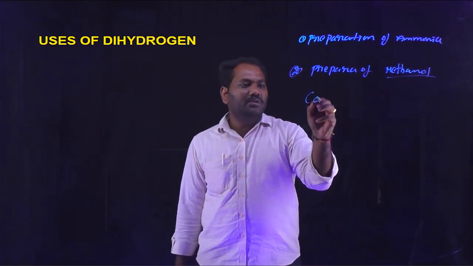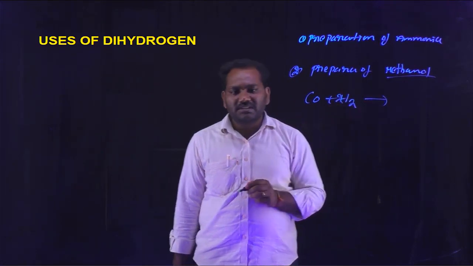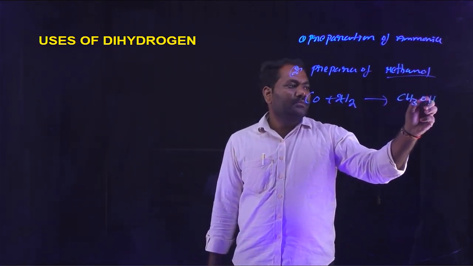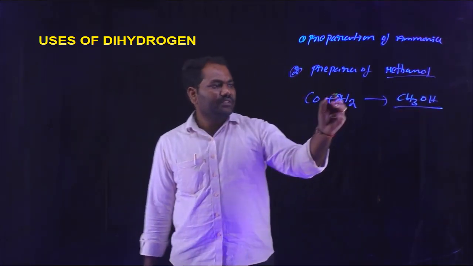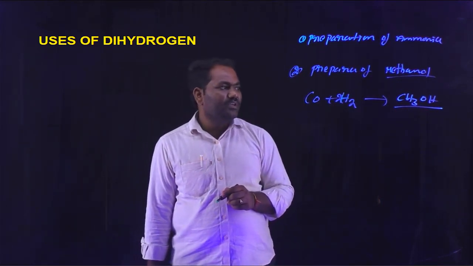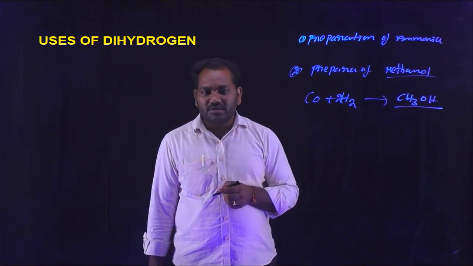Here, carbon monoxide reacts with dihydrogen to form methanol. 2 moles of dihydrogen react with carbon monoxide to form methanol. Methanol is also one of the important compounds.